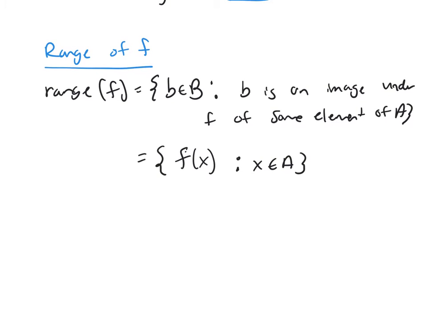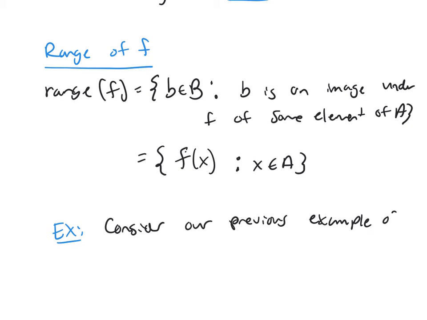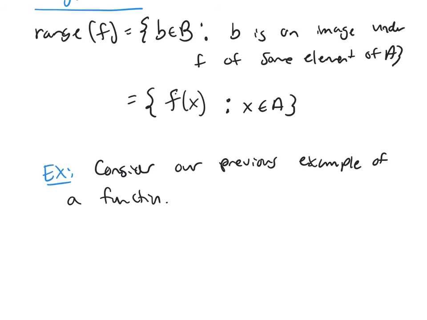So let's look at an example. Consider our previous example of a function. So just to recall, in our previous example of a function, A was {1, 2, 3}, and B was {a, b, c}.